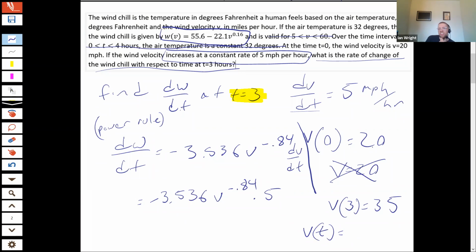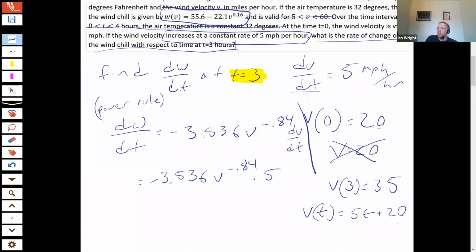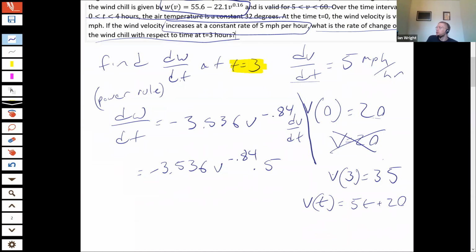We know it starts at 20 and it's increasing at a constant rate of 5. So that's just a linear function. Yeah, good, Brittany. So we could write that down as this, 5t plus 20, right? And then v of 3 would be 35. Or as Brittany said in the chat, you can just add 5 3 times. So that was the trick to this one, is to plug in 35.